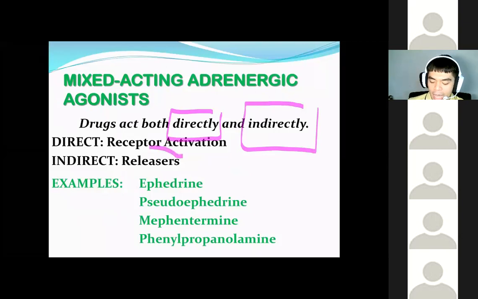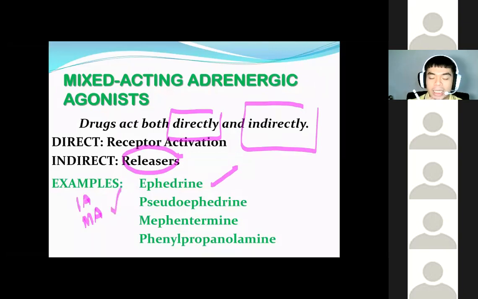Usually, their indirect action is by enhancing exocytosis. Examples are ephedrine, which is included here. So if you encounter a question asking for the classification of ephedrine, and both indirect and mixed acting are in the choices, the best answer is mixed acting, because we mentioned that it also has direct action. But if either of the two is absent, choose whichever is appropriate. So if only indirect is present, then answer indirect.